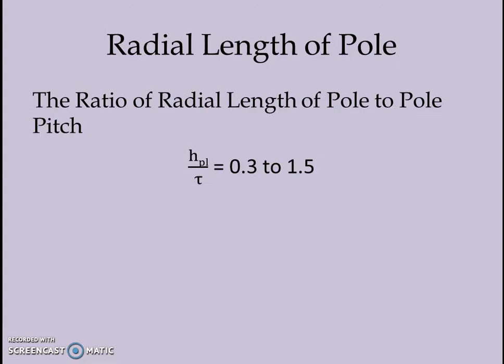If we know the maximum or permissible radial length of the pole, then accordingly we can decide the height of the pole shoes and the height of the pole body. But ultimately the height of the pole body is dependent on the height of the field winding. This way we can do the overall designing work to find the dimensions of the pole in case of a salient type of pole.